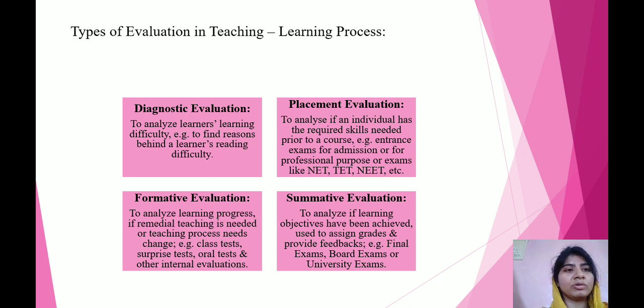That's the formative evaluation. Summative evaluation is basically to assign grades, like which student is better than whom. Like let's say 10 students are there, amongst them who has stood first or who has stood second, which basically takes place in the final exams.